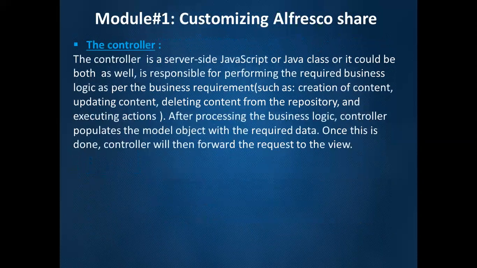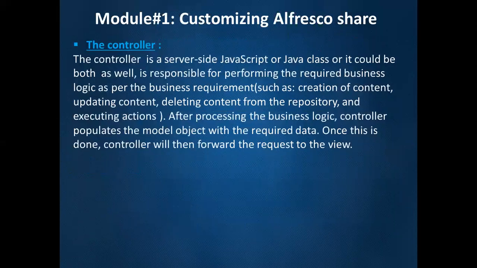It's responsible for performing the required business logic as per the business requirements, such as creating content, updating content, deleting content from a repository, and executing actions. The controller is very important to manage data.